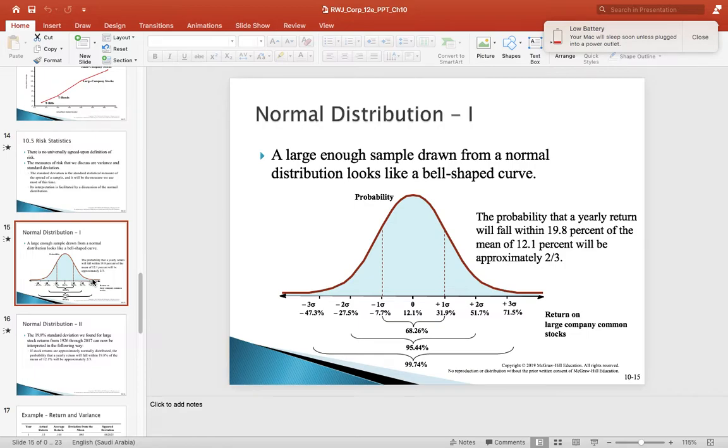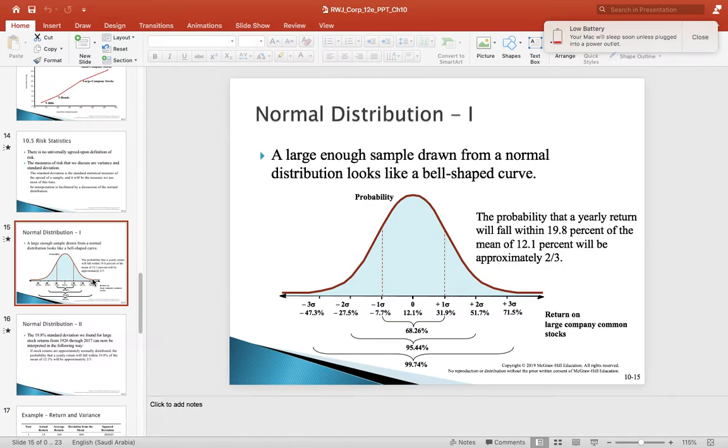Be careful. Don't be fascinated with only the 12.1% return. The standard deviation is 19.8. Therefore, you can get a positive return up to 31.9, and a negative return up to 7.7.